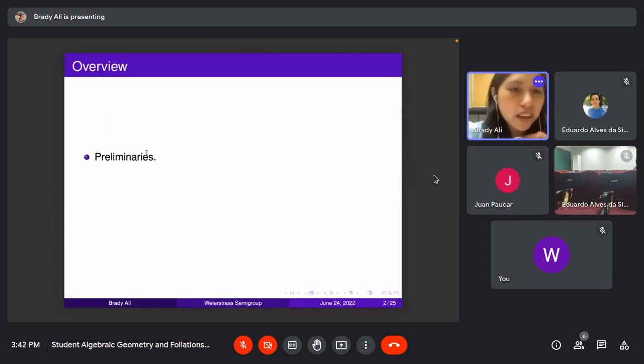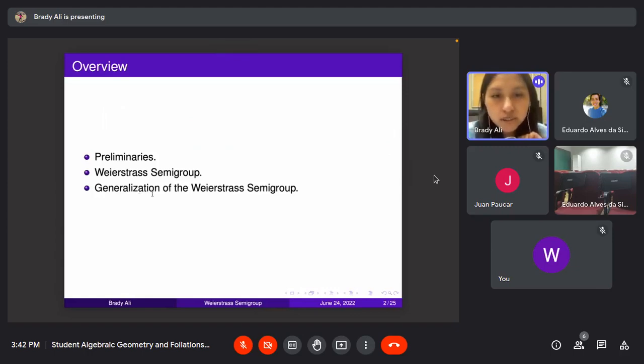First, I'm going to give some basic notions, then define the Weierstrass semigroup, then define the generalization that we gave, and also explain some properties that we found of this generalization.